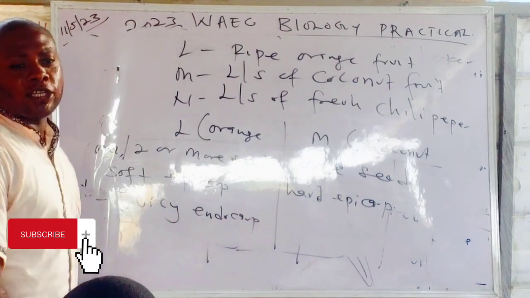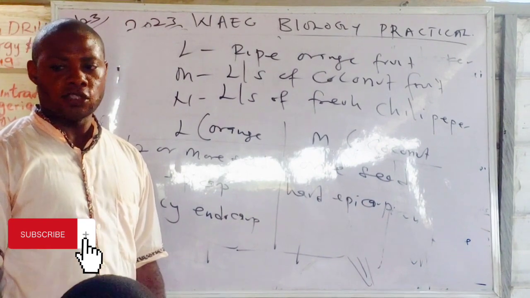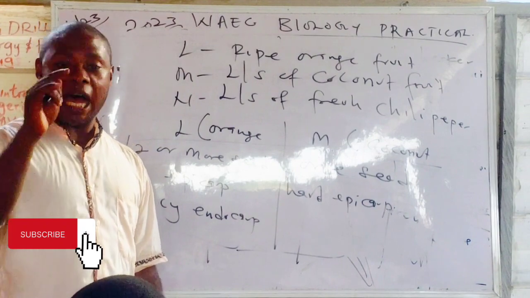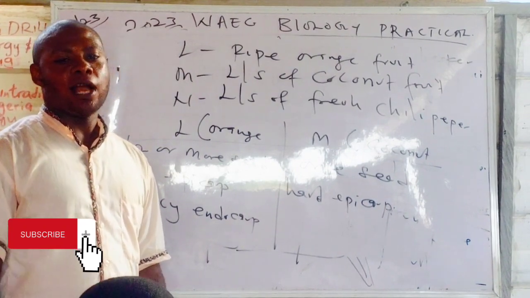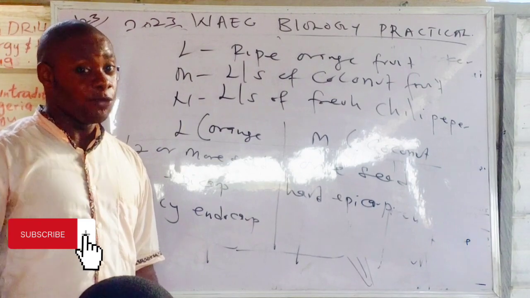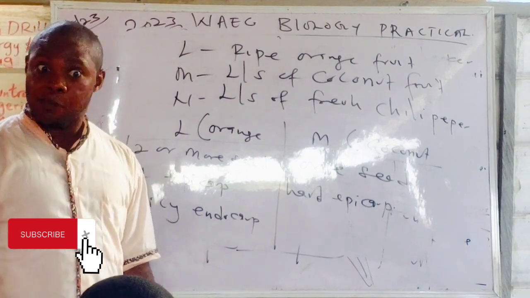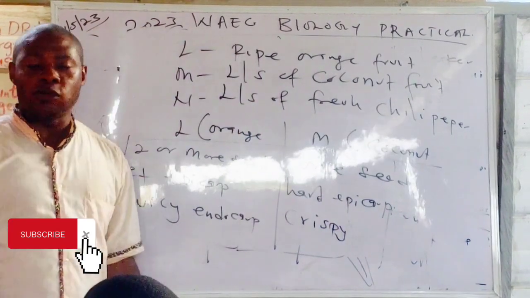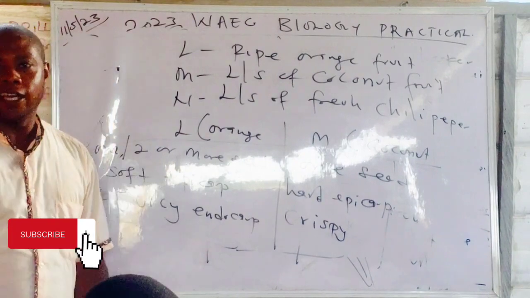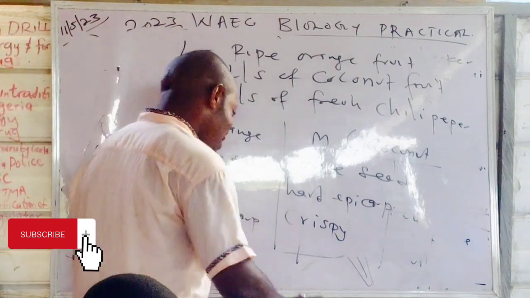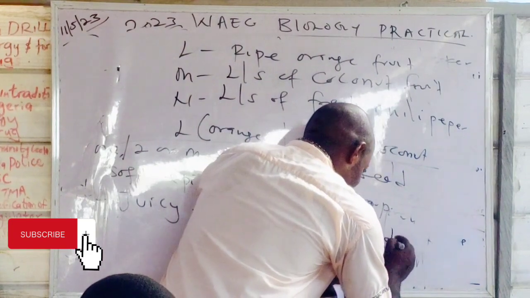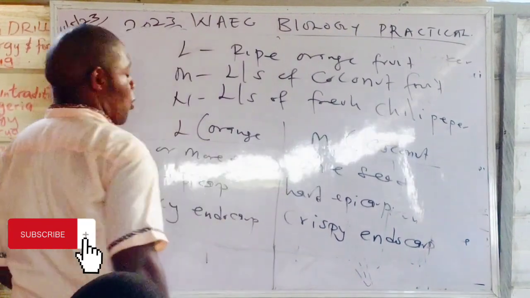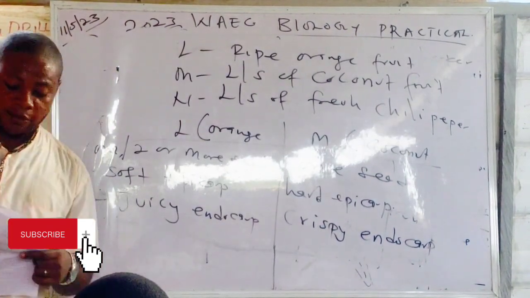Now, for coconut, the endocarp is not juicy, and it's not milky. What do we call it? Fibrous. What about in apple? I'm just citing apple as an example. Apple is not juicy. If you eat it, what do you call it? It is crispy. So, what other thing can you talk about?